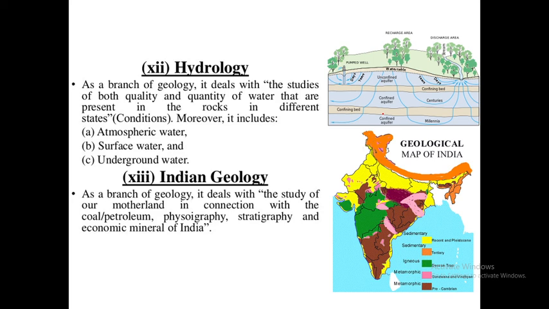Then there are types of water: atmospheric water, surface water, and underground water. In the image you can see how water moves from the earth to the underground, that is groundwater.